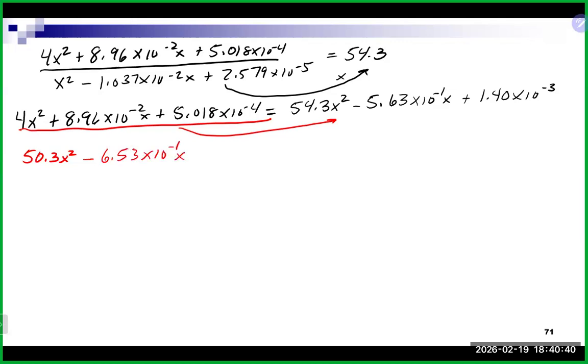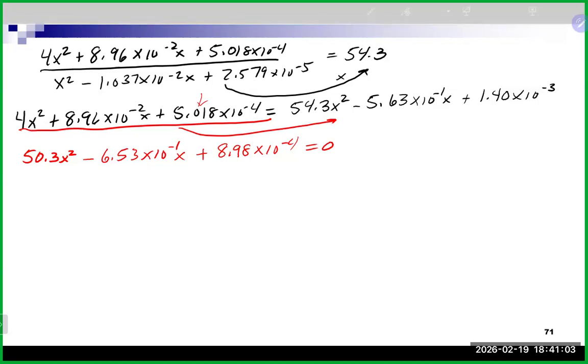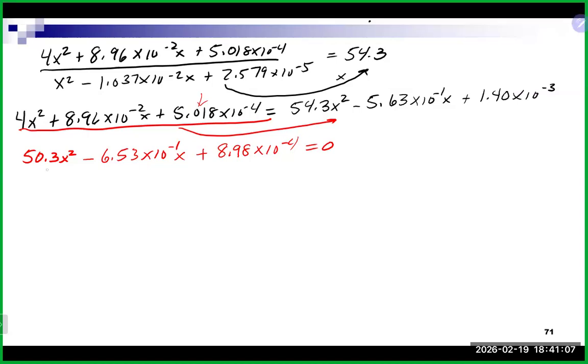That should be x, I believe. And last, we're going to take our 1.4 times 10 to the minus 3 and subtract this number from it. And that's going to yield us 8.98 times 10 to the minus 4 is equal to 0. Any questions on that so far? All right, that should be, dare I say, our A, B, and C for our quadratic, right?